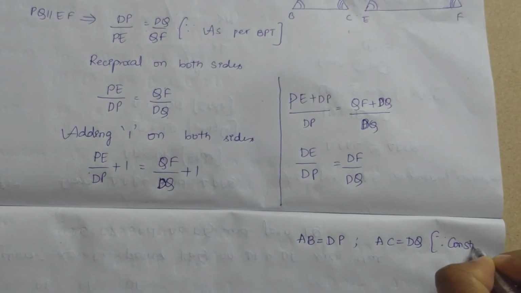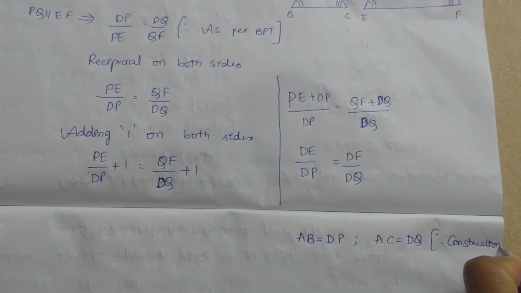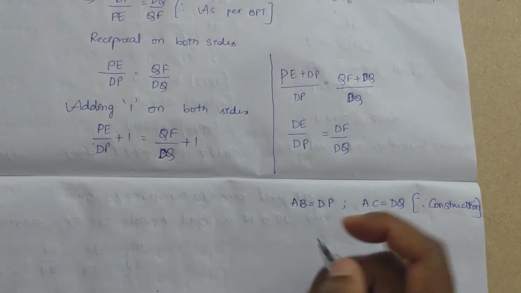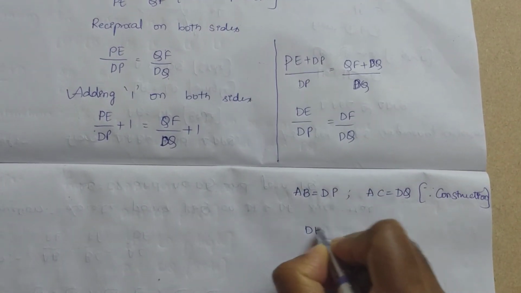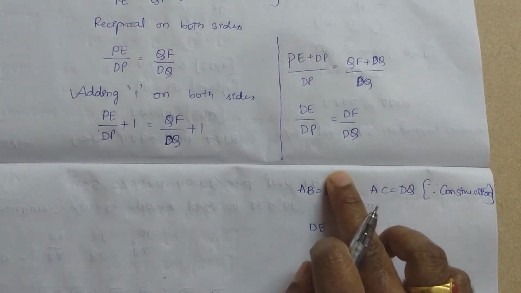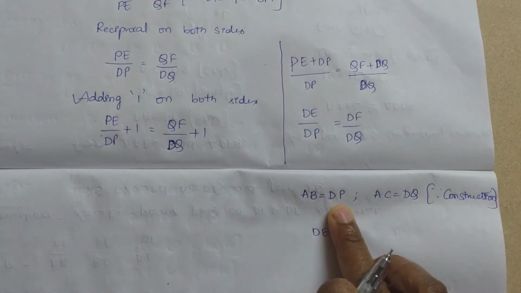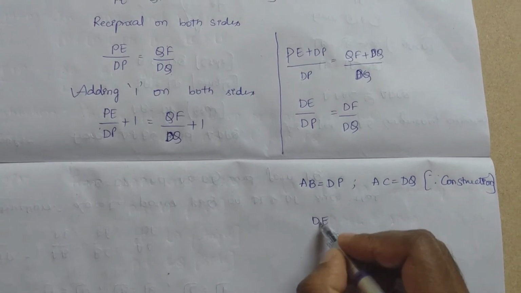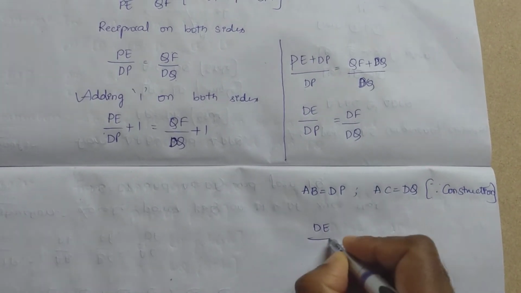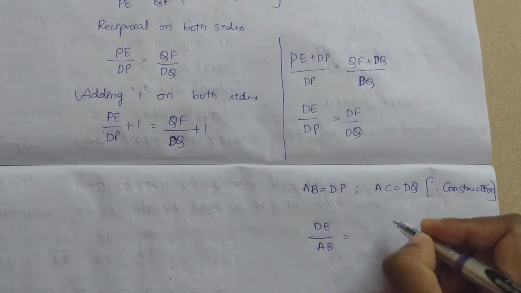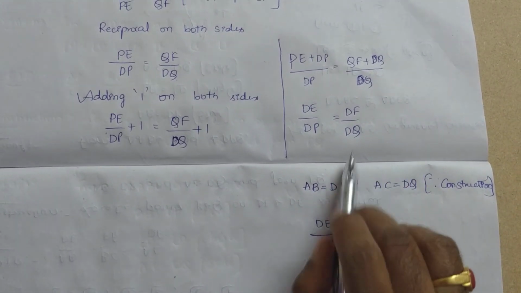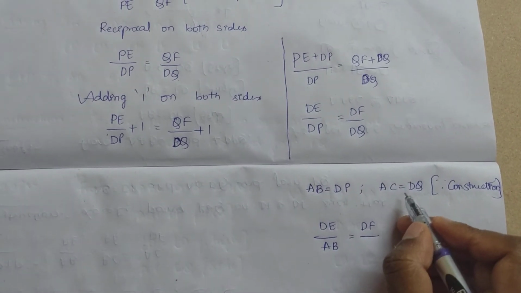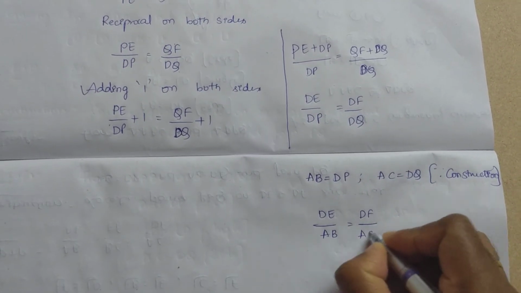Since construction, we got this. Now what did I do? Substitute AB in place of DP and AC in place of DQ. Let's see what we get: DE by AB equals DF by AC.